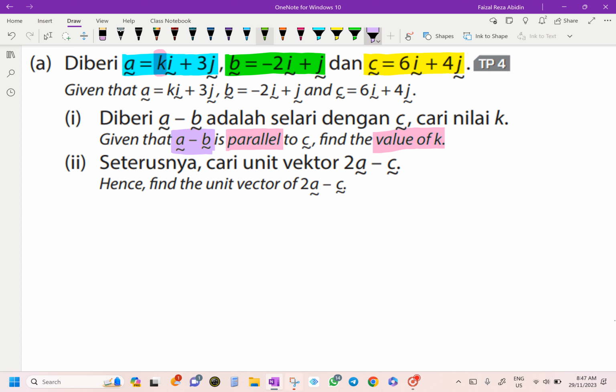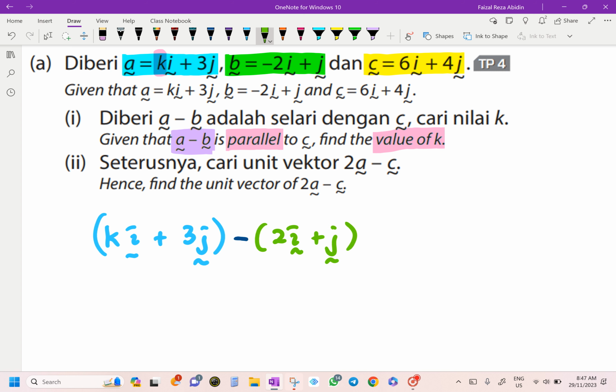So A over here is going to be ki plus 3j. You are going to minus our negative 2i plus j. Okay, minus first. Ki minus 2i. Ki is i, right?